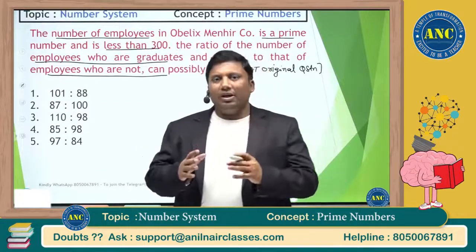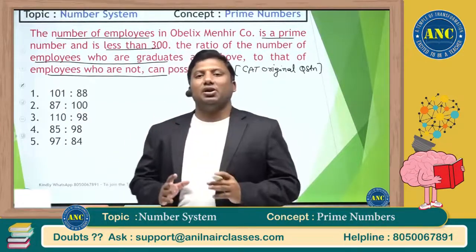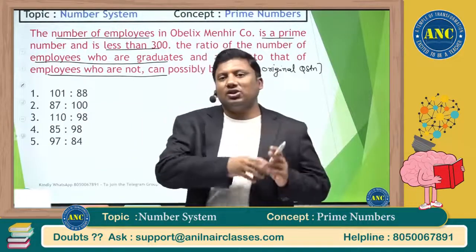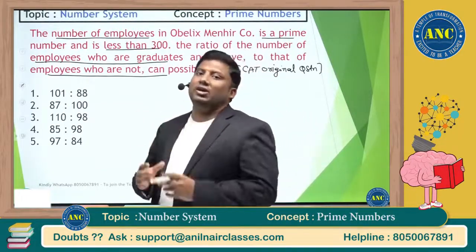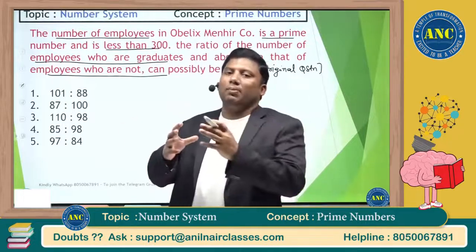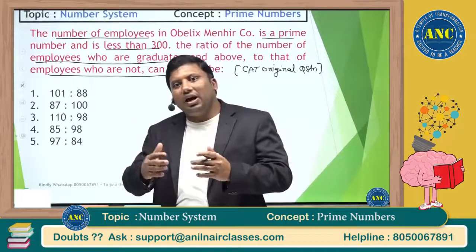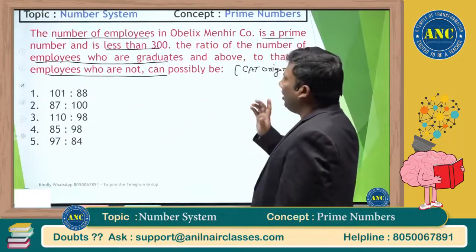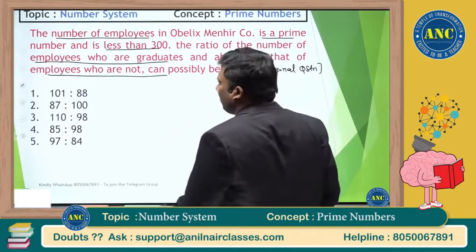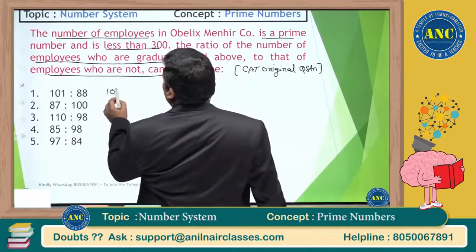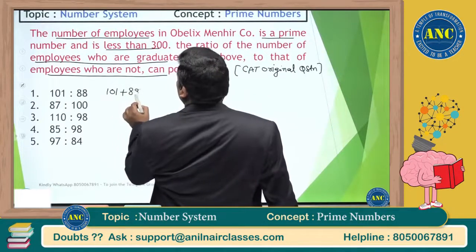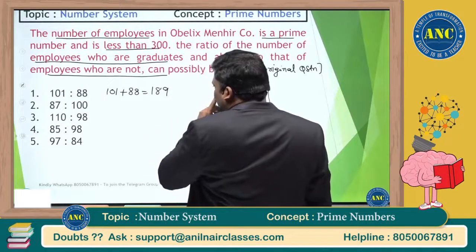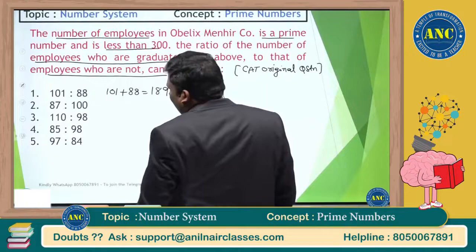There is a company and in that company there are employees. There are two kinds of employees: employees who have done graduation, employees who have not done graduation. The sum of these two should be a prime number. So if I take the sum 101 plus 88, 189.